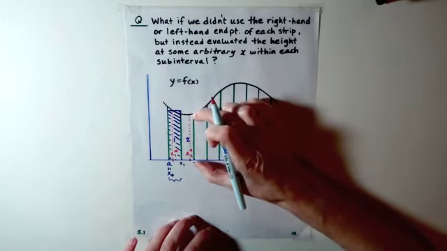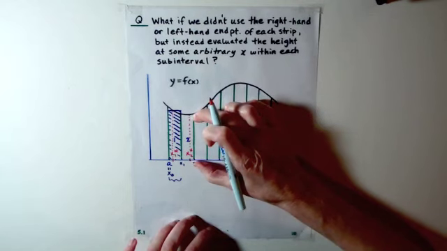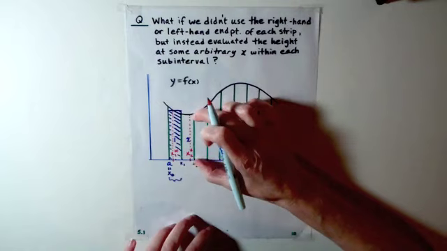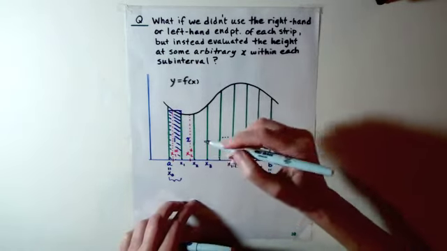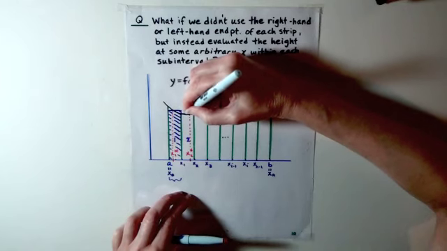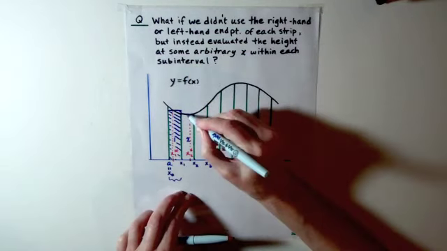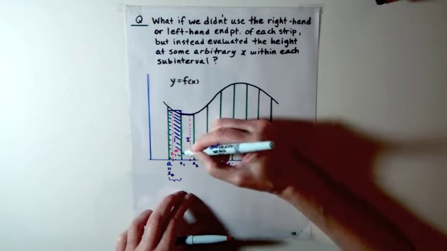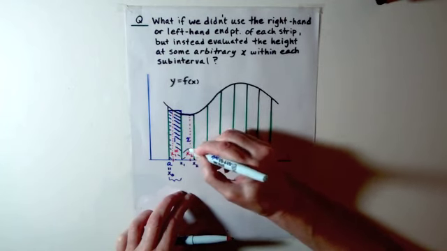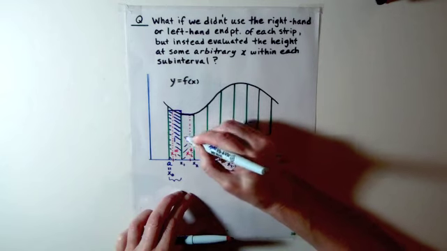And this dotted red line is going to be the height of this second rectangle. It's just the height under the curve at this arbitrary x value, x2 star. So I'm going to create a second rectangle. It will have a height that looks something like this. It's that red height under the curve. And here is my second rectangle.